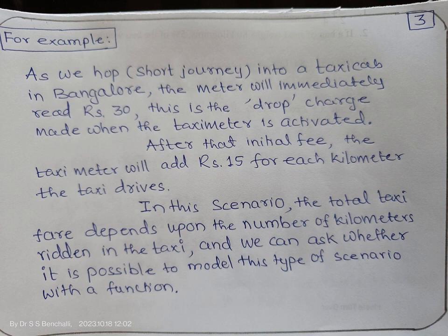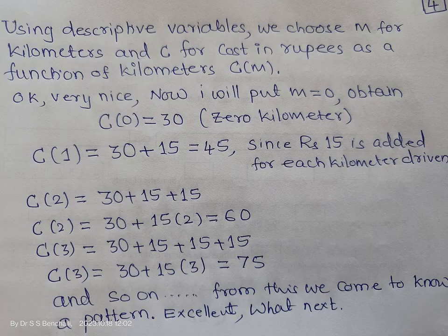In this scenario, the total taxi fare depends upon the number of kilometers ridden in the taxi. And we can ask whether it is possible to model this type of scenario with a function using descriptive variables. We choose m for kilometers and c for cost in rupees as a function of kilometers, c of m.